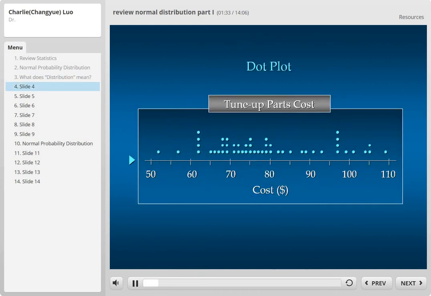As we learned, I believe in chapter 2, we can draw a dot plot. And basically, we draw a dot. For example, here, when we have a number 52, we draw a dot here. Here, if we have 4 62s, then we draw 4 dots, one on the top of each other. And then we do the same thing for all the numbers.